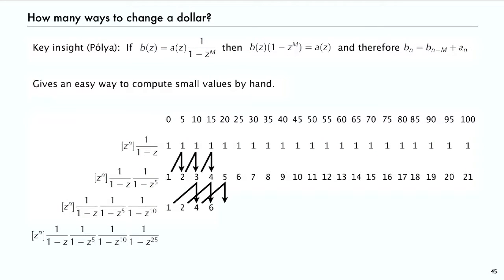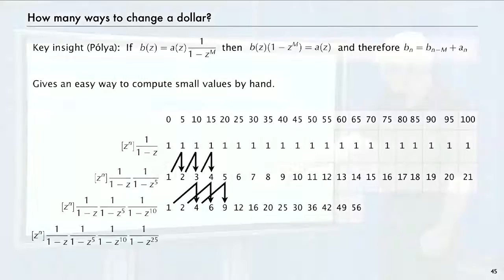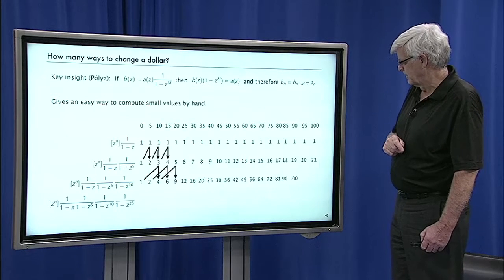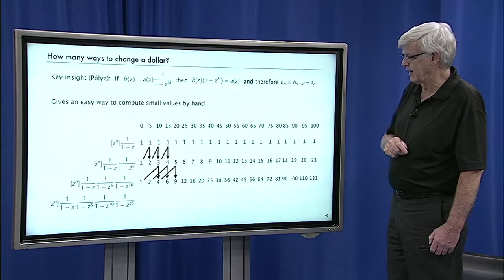And then 2 plus 4 is 6, 4 plus 5 is 9, 6 plus 6 is 12, 9 plus 7 is 16, and so forth. So add each one to the one 2 back. To get this one, we get 15 plus 49 is 64, and so forth. And we can just fill in that whole line in that way.